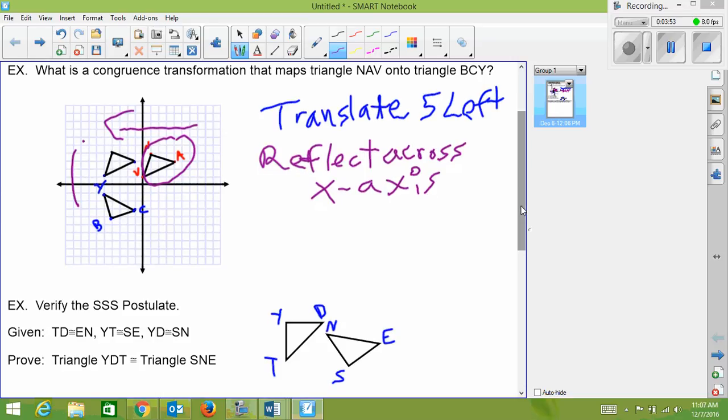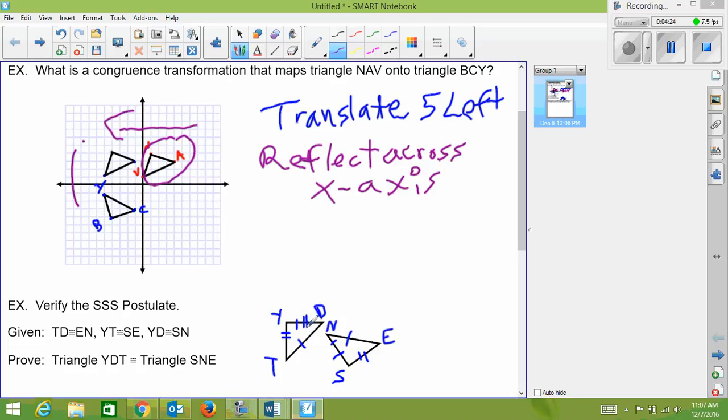The other example I have here is to verify the SSS postulate. I have pictures here of triangles. Given that TD, this one right here, equals EN, YT equals SE, and SN equals YD.